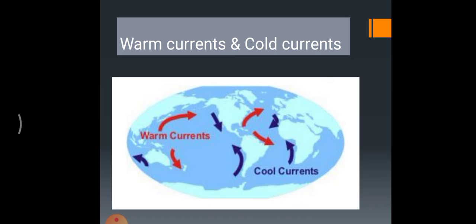They are the currents that flow in from polar or subpolar regions towards the tropical or subtropical regions. So a cold current starts from the polar or subpolar region and moves towards the tropical or subtropical region. I hope this picture helped you to have a better understanding of warm currents and cold currents.